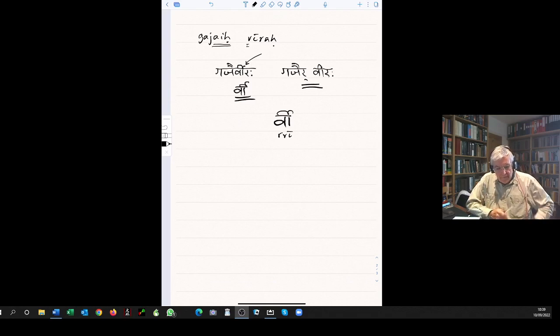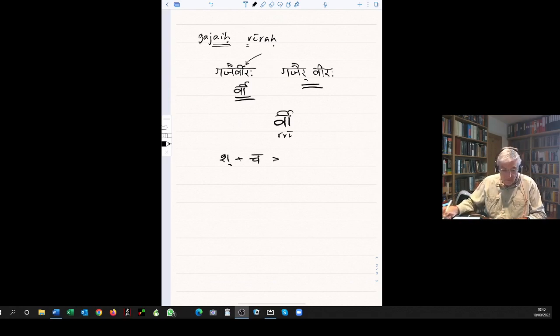Sentence F, Ramaha putrashcha. So this would have been before applying sandhi. Ramaha unchanged because it's followed by p, but it would have been putraha cha, becomes putrashcha. Remember this sh plus ch, the shape of the sh changes when written, to go like that.